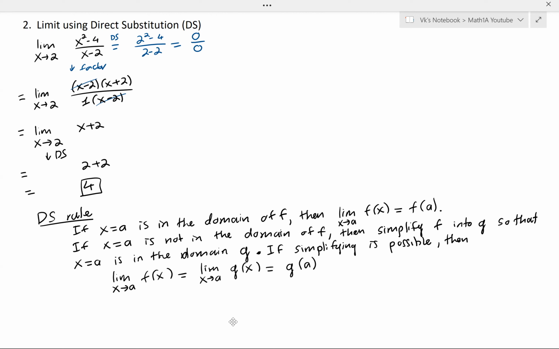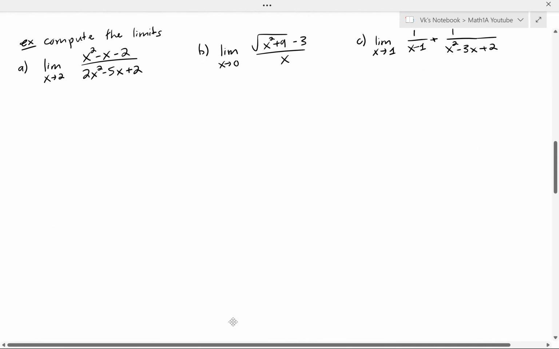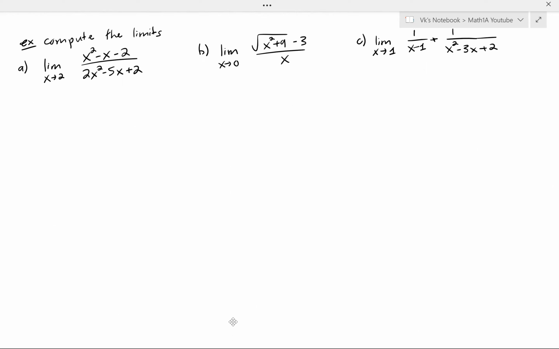Let's apply the direct sub rule to do a few more examples. Example, compute the limit. First example, we have the limit as x approaches 2 of x squared minus x minus 2 over 2x squared minus 5x plus 2. We can factor this rational expression. The limit as x approaches 2 of x minus 2 times x plus 1.